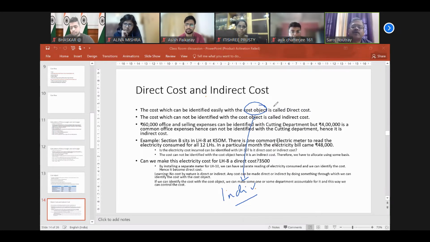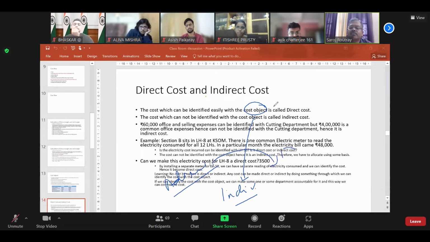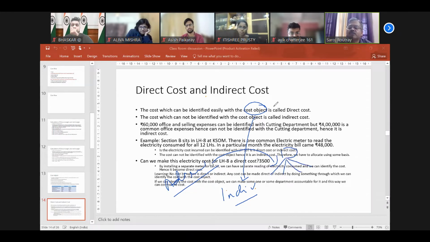So if you want to find out the cost incurred for a customer, for example, if I say advertisement cost, can you identify it with the customer? No, because it is done for the products, and products are purchased by hundreds and thousands of customers, so you cannot identify it with the customer.